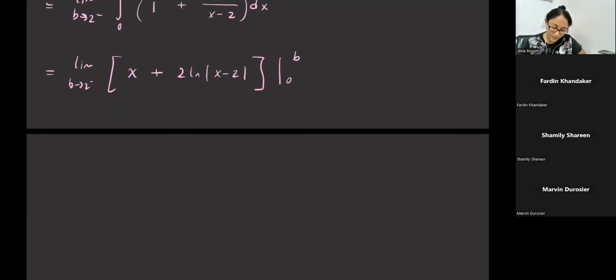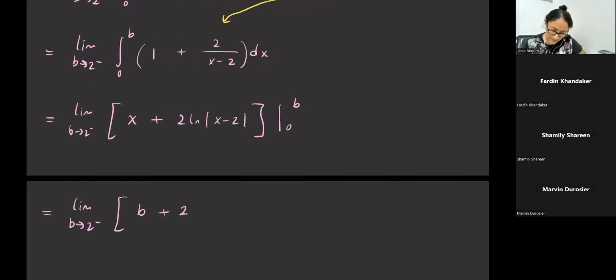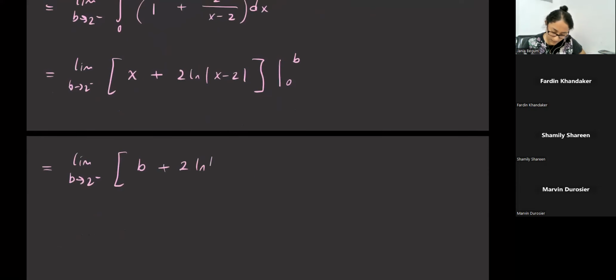So now this is equal to what? The limit as b approaches 2 from the left of, plug in the upper limit, that's b, plus 2 ln of b minus 2, and then minus, now plug in the lower limit of integration, that would be 0 minus 2 ln of 0 minus 2.